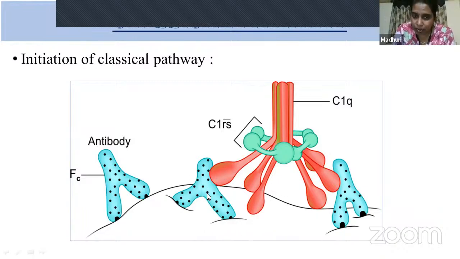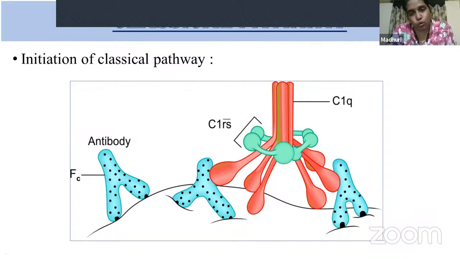Once it binds, near the Fc terminal, certain receptors or domains open up. That is, the shutter for the complement will be open. Once the shutter opens up, C1q comes and attaches to the components. Now you can see 6 spokes over here. A minimum of 2 spokes should be attached for the complement to get activated.